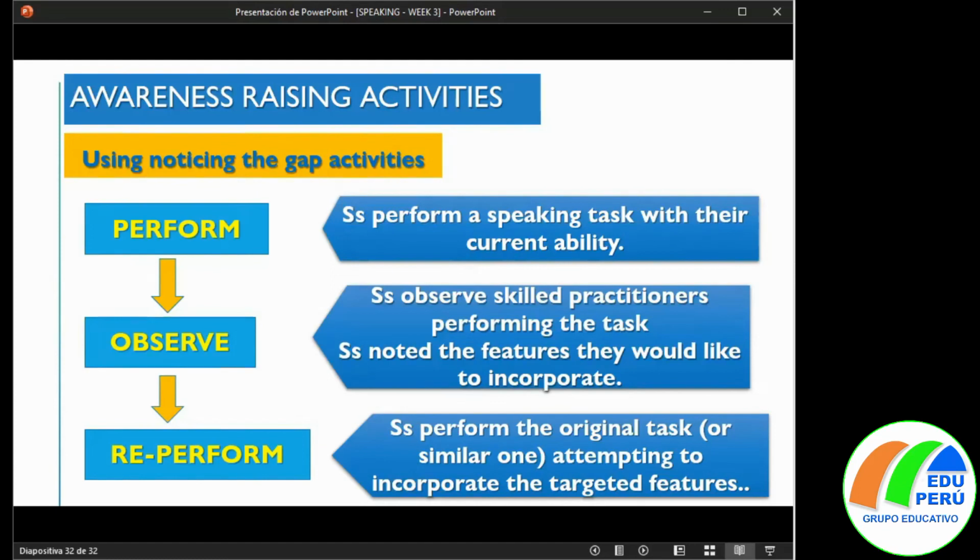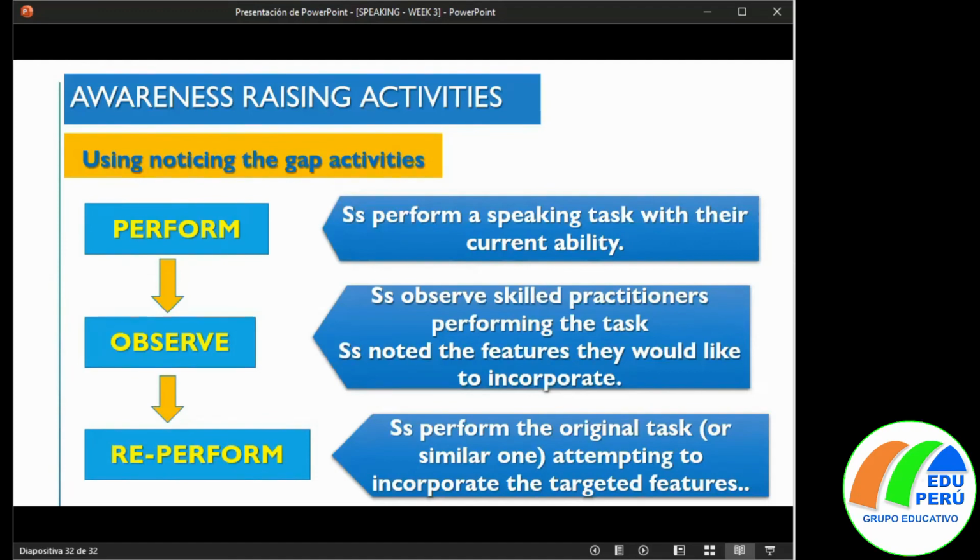focus or aspect in these activities is that the students are going to be conscious about the language, about some features of the language. Remember, we're just at the beginning.